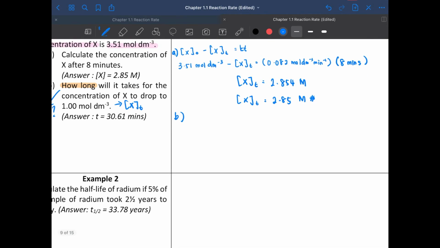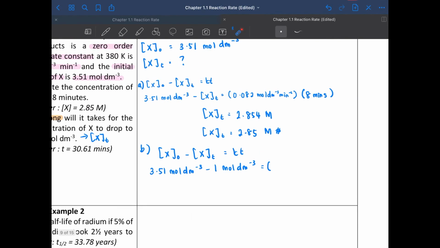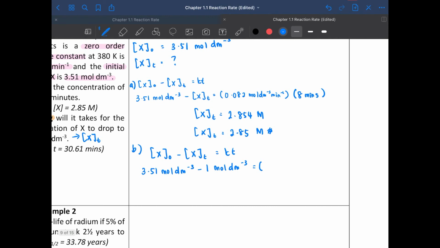We are going to use the same formula: X naught minus Xt equals kt. X naught is still the same, 3.51 mole per dm cube, minus 1 mole per dm cube. The k is the same because this is still the same reaction, so we can use the same value of k, 0.082 mole per dm cube per minute.